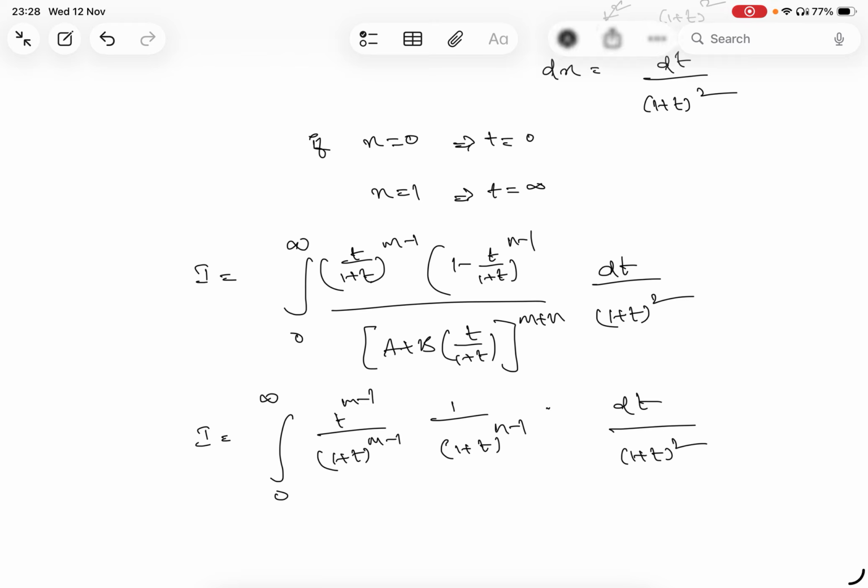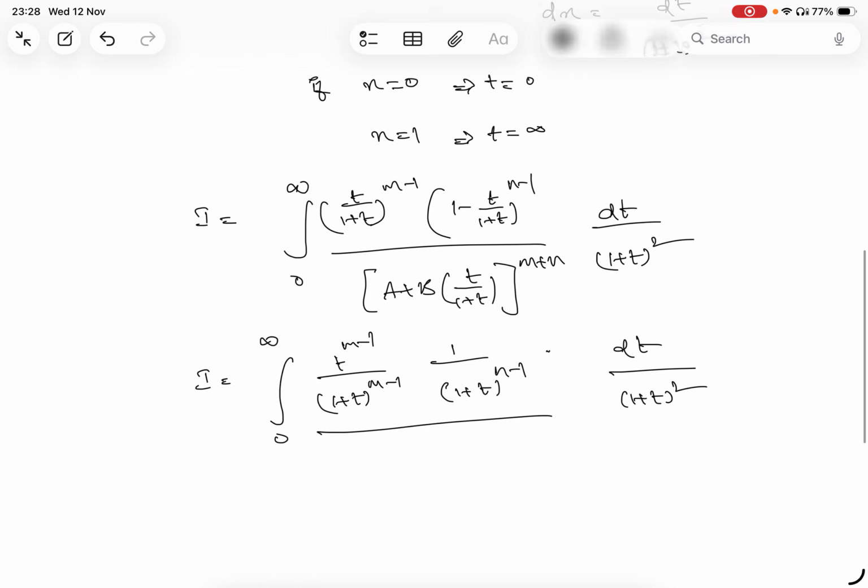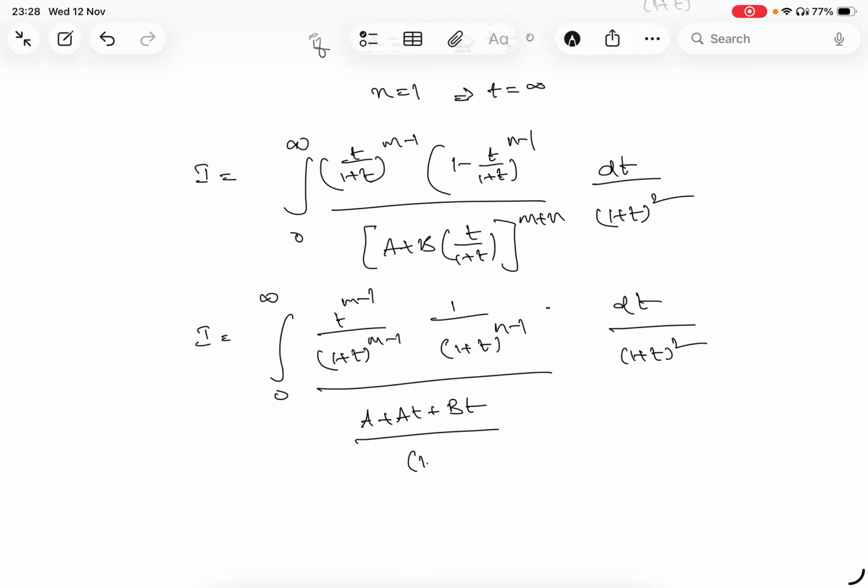Now this denominator part will be (a + at + bt) by (1 + t), whole power m plus n.